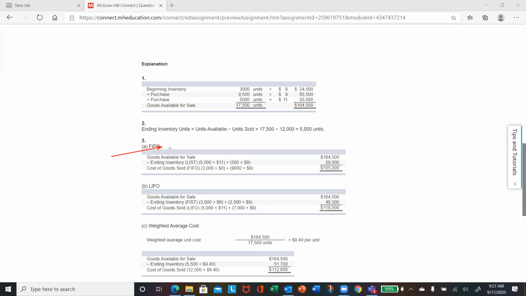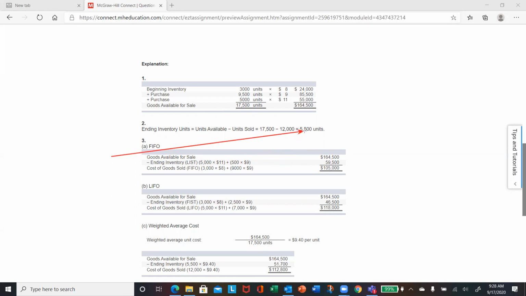So under FIFO, to get ending inventory, first in, first out, we know we're going to have 5,000 units. I'm sorry, it's ending inventory. I think I misspoke.